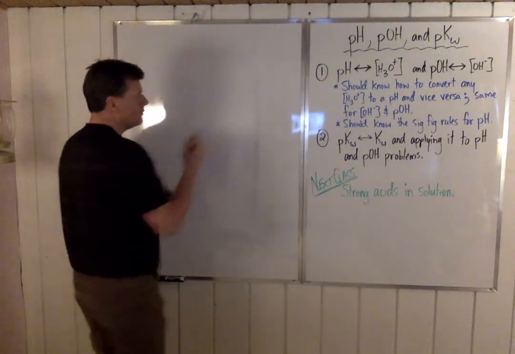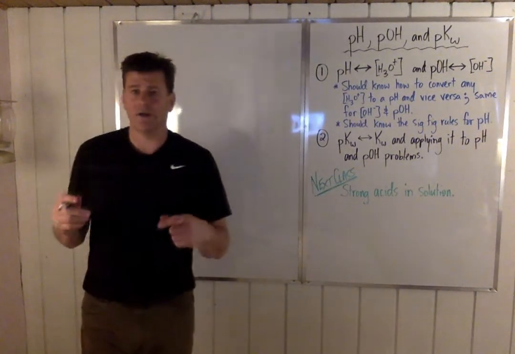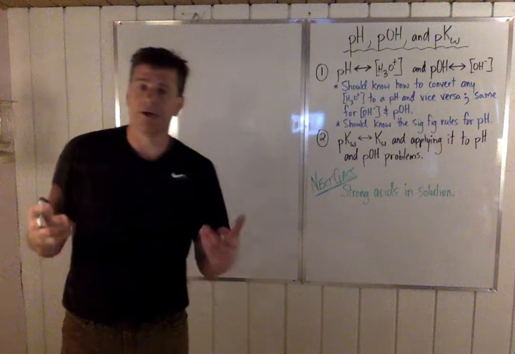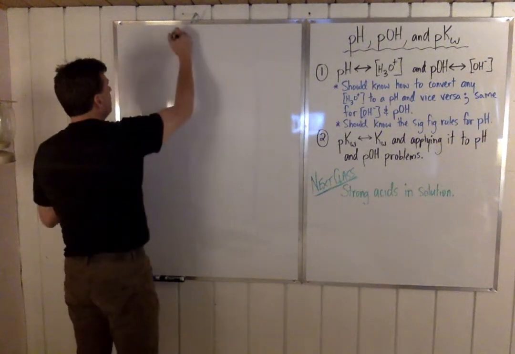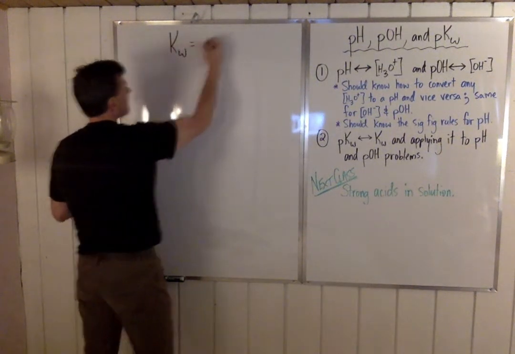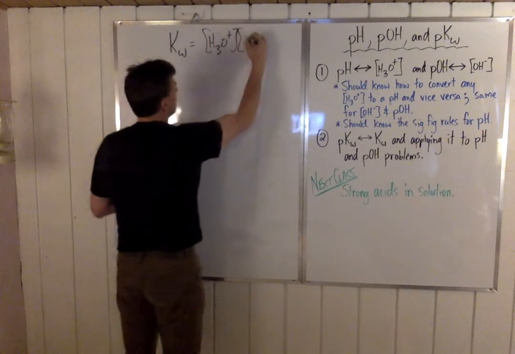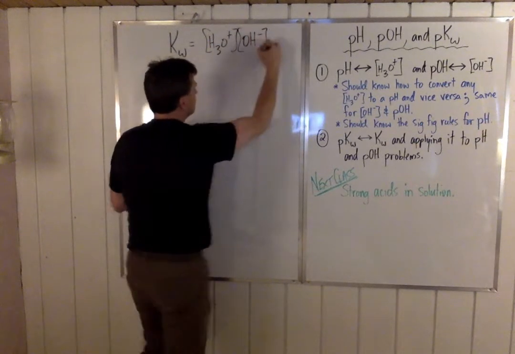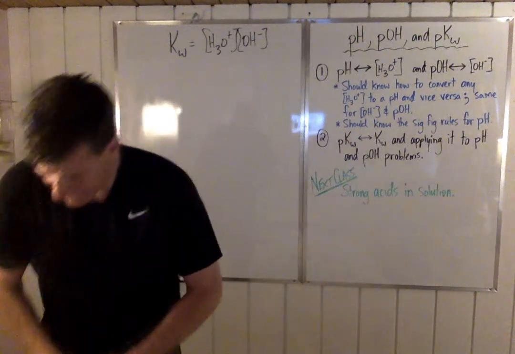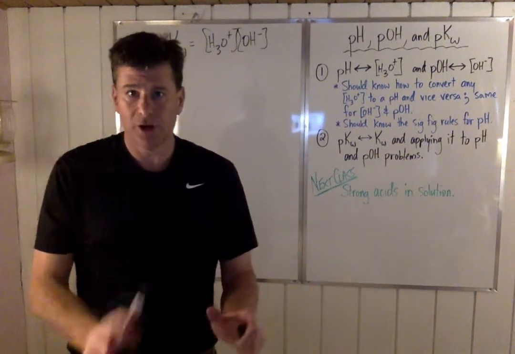The relationship is based on water equilibrium's K expression. So Kw equals hydronium times hydroxide, and we start there.